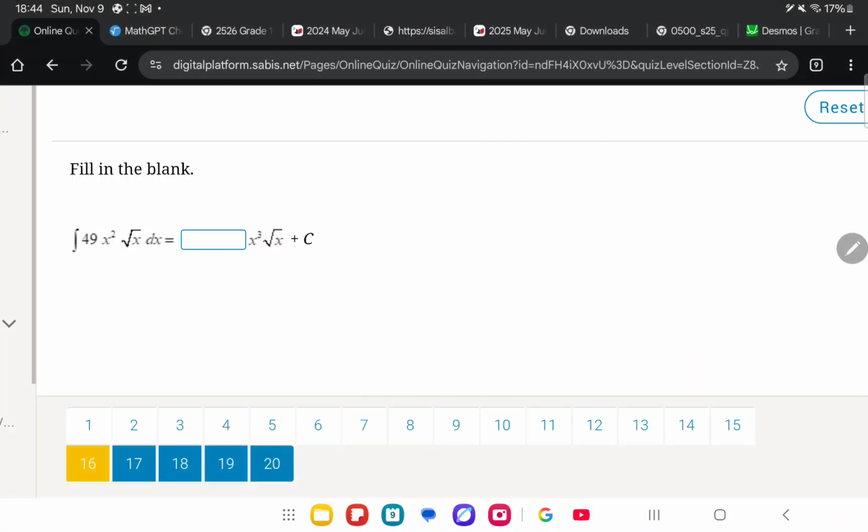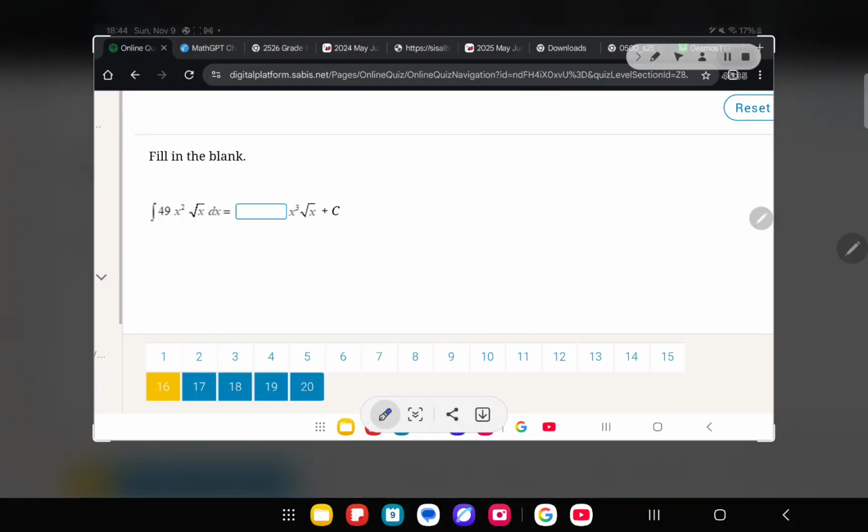Over here, 49x squared times the square root of x. So we first put this into exponent form, x to the power of 2 multiplied by the square root of x. You add the exponents, I keep on putting 40, it's 49, sorry. So it's going to be x to the power 5 over 2. You integrate it with respect to x and you get 49 x to the power of 7 over 2, since you add 1, over 7 over 2.